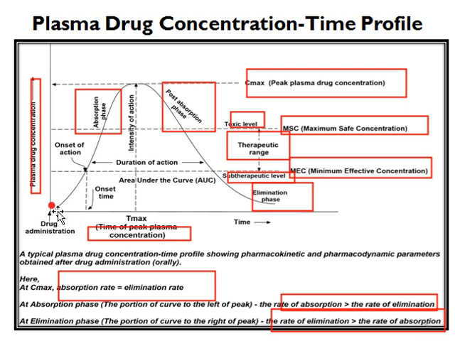Now, when the drug concentration enters the therapeutic range after crossing the minimum effective concentration, that time is known as onset time, when the pharmacological response of the drug in the body begins. And this beginning of the pharmacological response is known as onset of action.